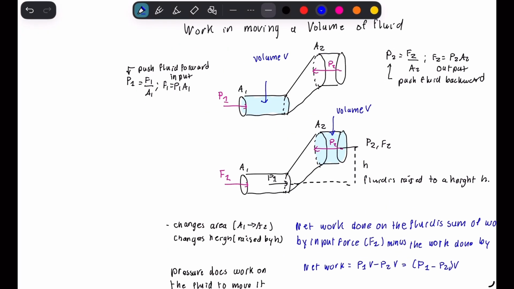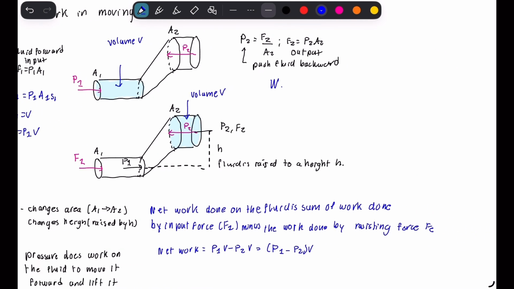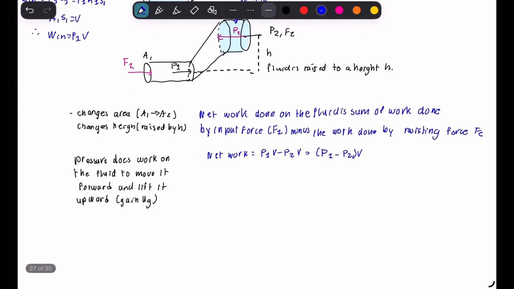So for in, we have work in is equal to F1S1, which is equal to P1 A1 S1. But A1 S1 is equal to V. Therefore, work in is equal to P1 V. And then work out is equal to P2 times V. So that's how we get our net work here.